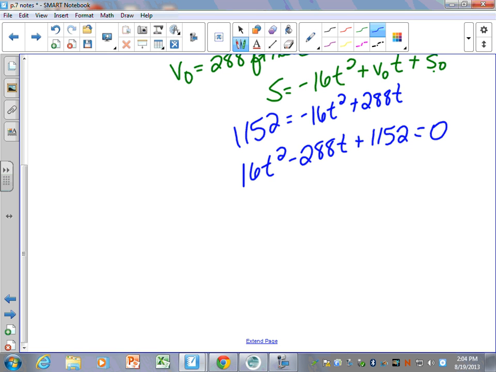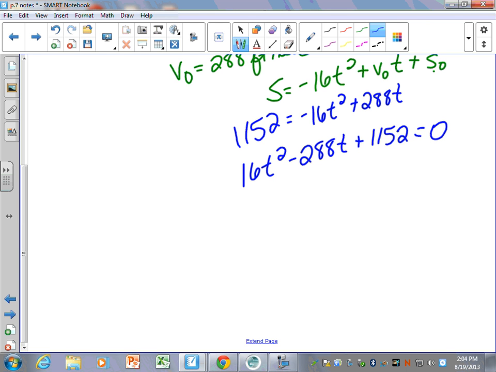Now you have some options. Really big numbers, probably the quadratic formula is going to be the easiest thing to do. But don't forget that this is an equation. And if there are really big numbers, am I allowed to divide those out and try to make them smaller? Again, not a requirement, but it's going to make things a lot easier. So I can see right away that these are all even, so at least 2 goes into it. It would be magnificent if 16 went into all these, and I think it does.